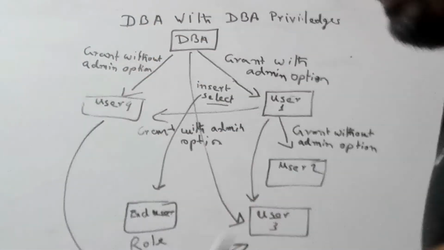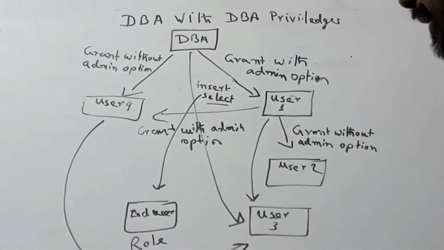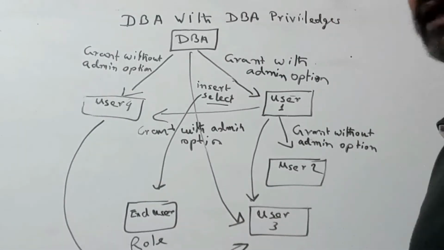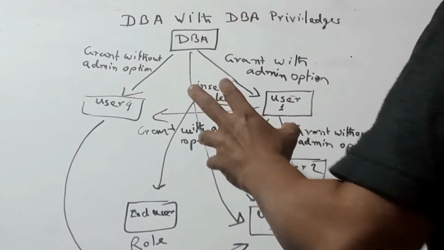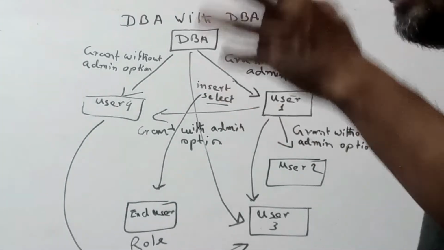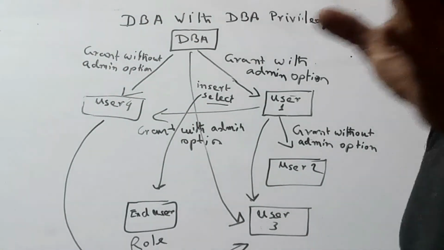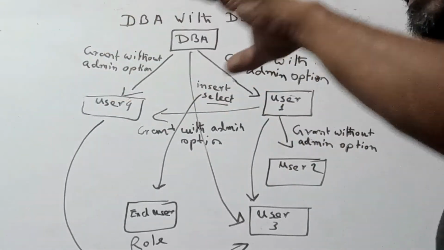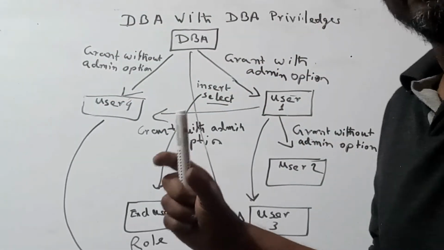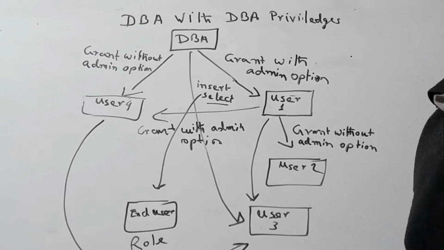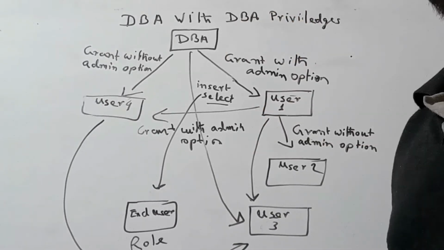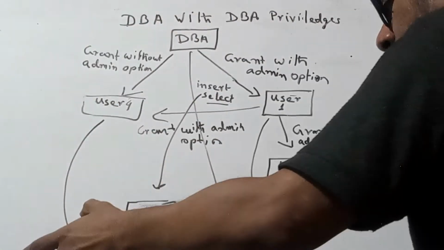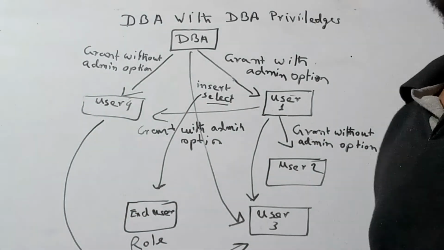This is the hierarchy. Why is it done? This is basically done to reduce the load on the DBA. The DBA cannot provide or manage all the necessary privileges, so logically he divides everything into sections, for example based on department. There is an HR department, a developer department, an accounts department.